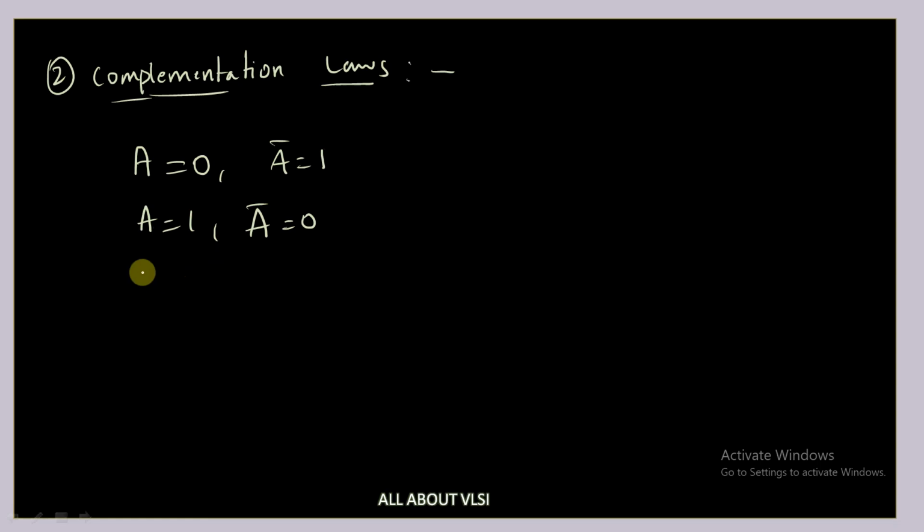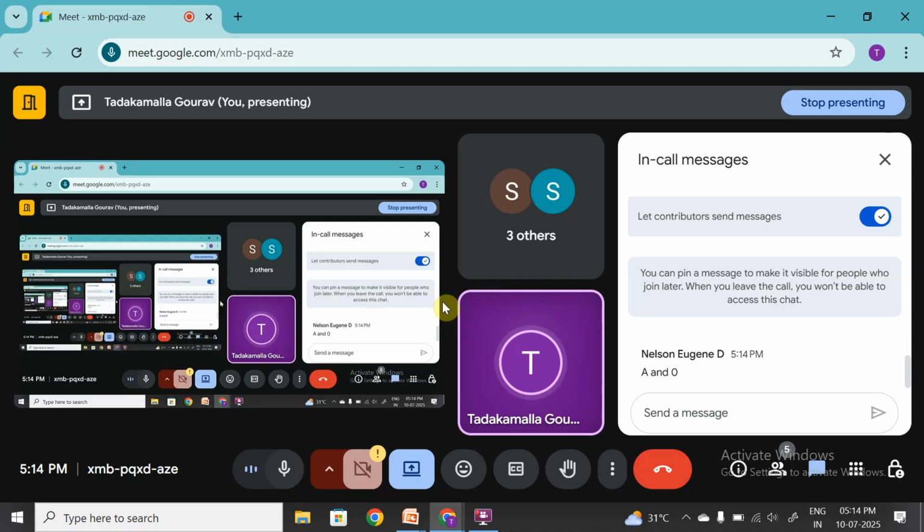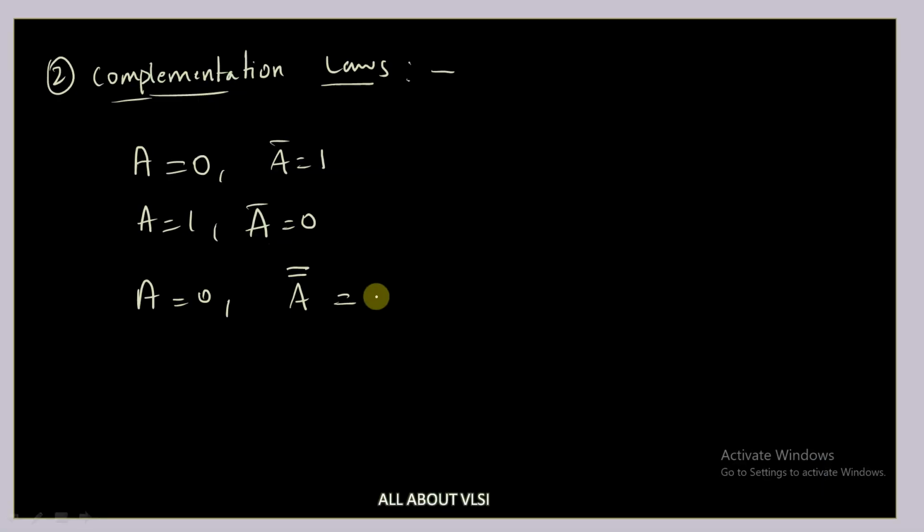This we already know. Now, if we have a variable a equal to 0, then what is a double bar? Double complementation of a is equal to 0. That is, a double bar is also equal to a. So this is your complementation laws.